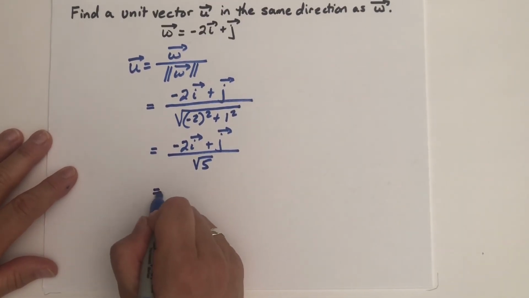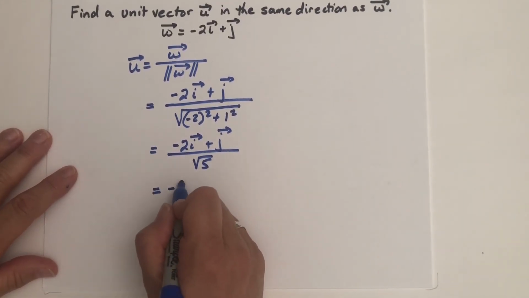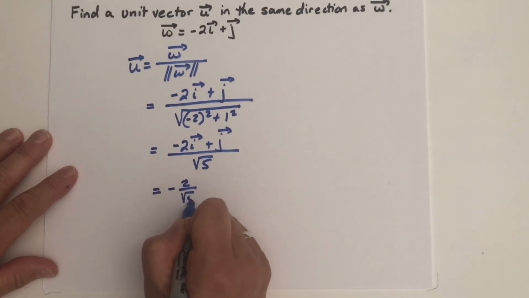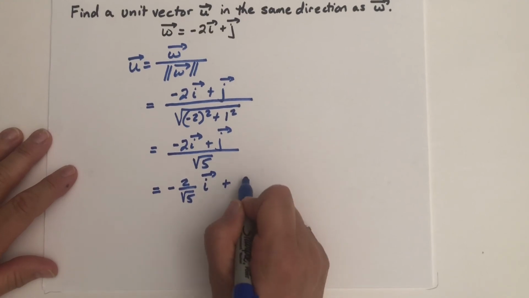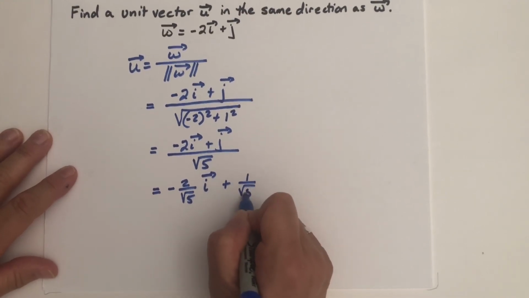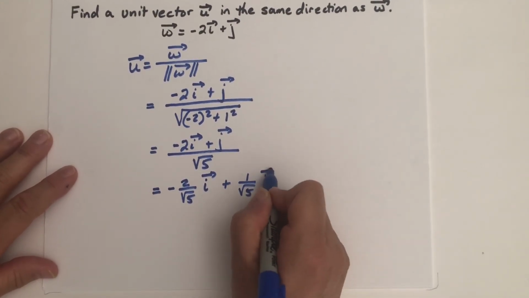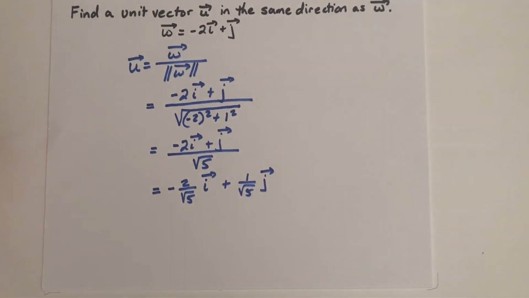So our unit vector is negative 2 over the square root of 5 i plus 1 over the square root of 5 j. And now I hope you'll go practice working with unit vectors and magnitudes.